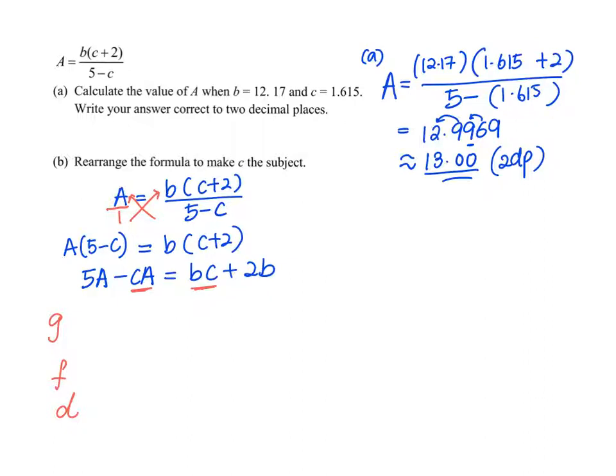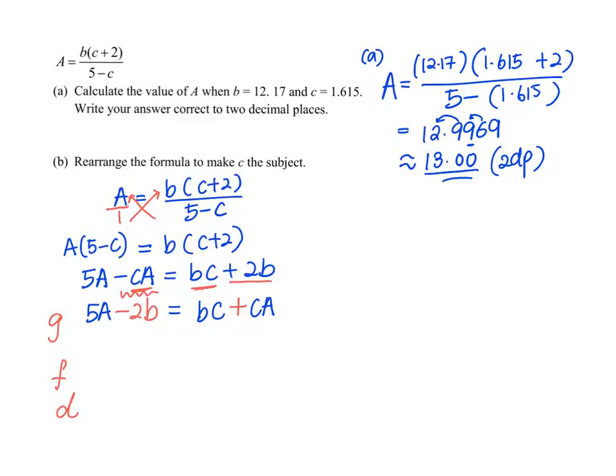So for me, I'll group all my letters C together. So where can C be? This is BC, and since this one is minus CA, I'm going to bring it over here to change it to plus CA. And then what is on the left hand side originally is 5A. I'm going to group the term that does not have letter C here to become minus 2B.